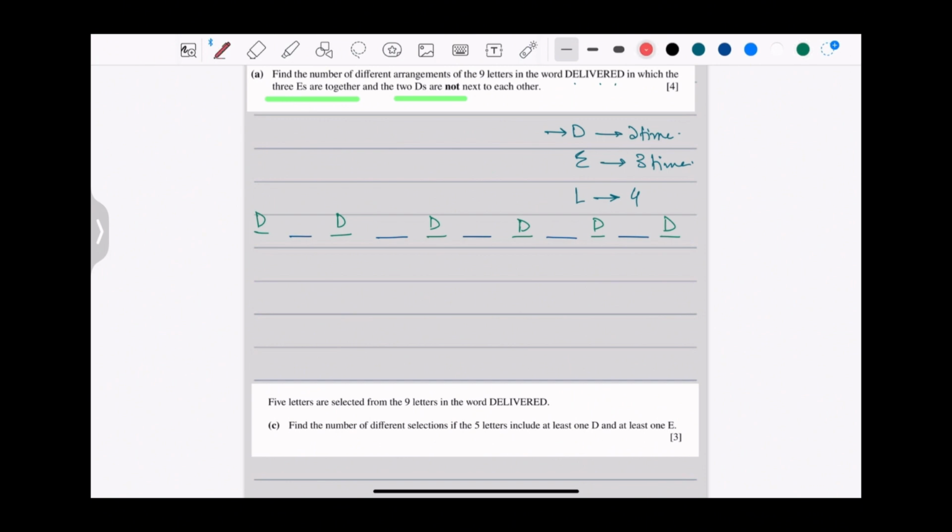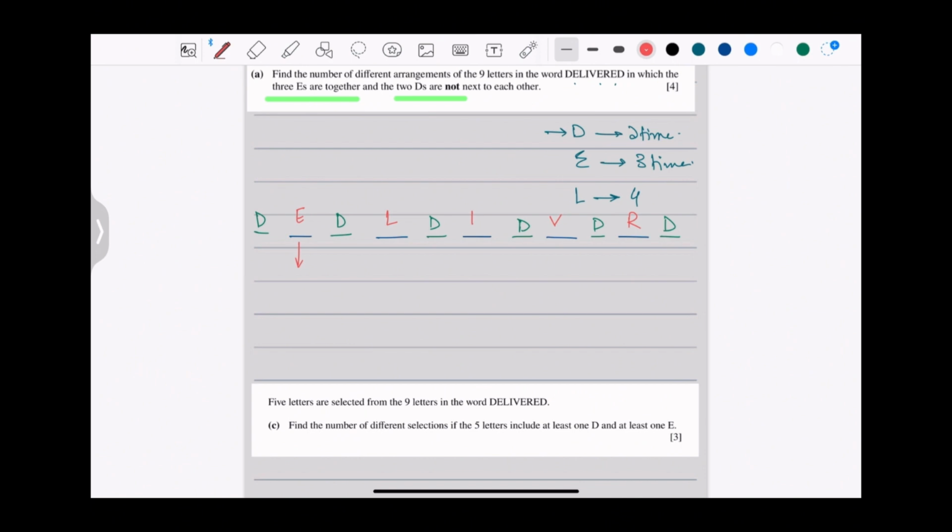So I'll keep that E as capital E. Rest are 4 letters, so let's call them L, I, V, E, R, E, D. Okay, so this is the condition now.